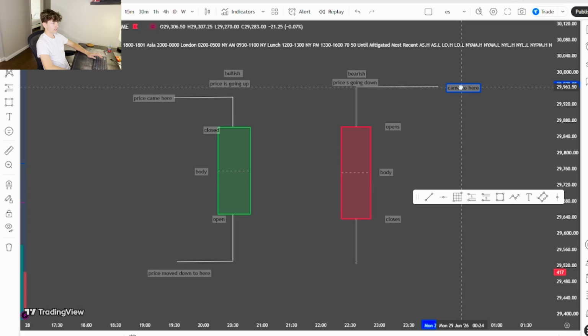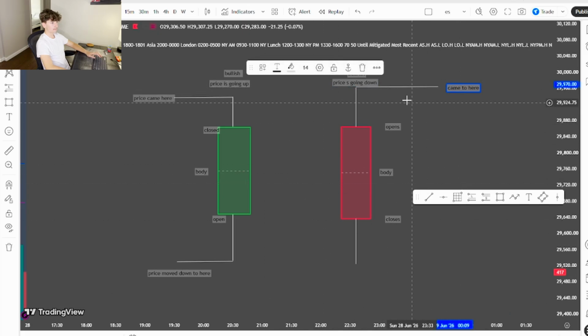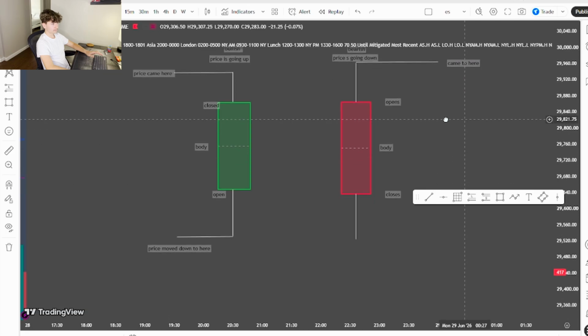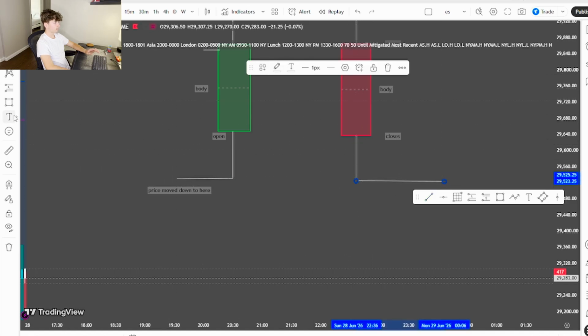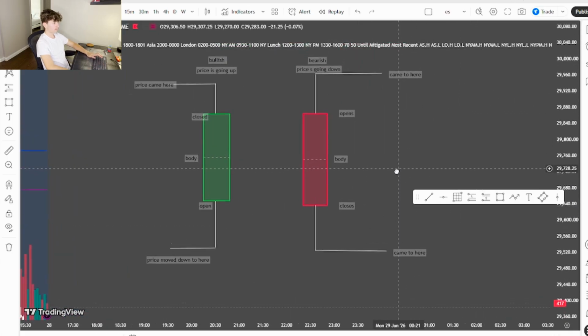We know that price in this 1 minute came to here at one point. Again, with this wick, we know that price in that 1 minute time frame came to here.